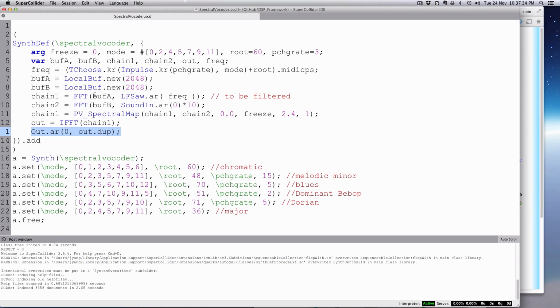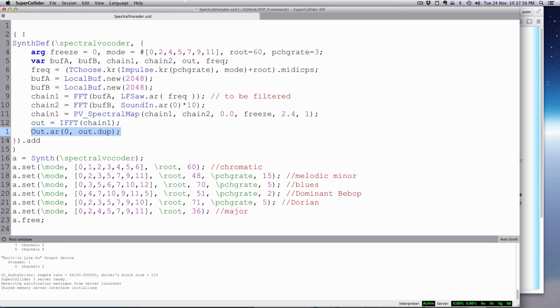Since they're identical, the frequency and time domain give us different types of manipulative possibilities, so we can manipulate things in the frequency domain.